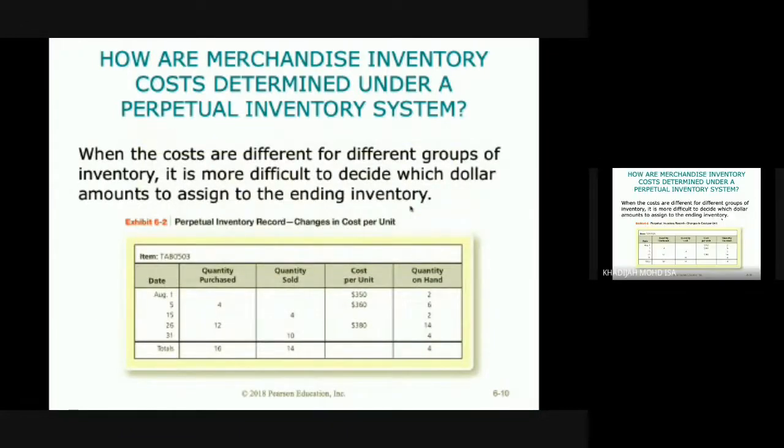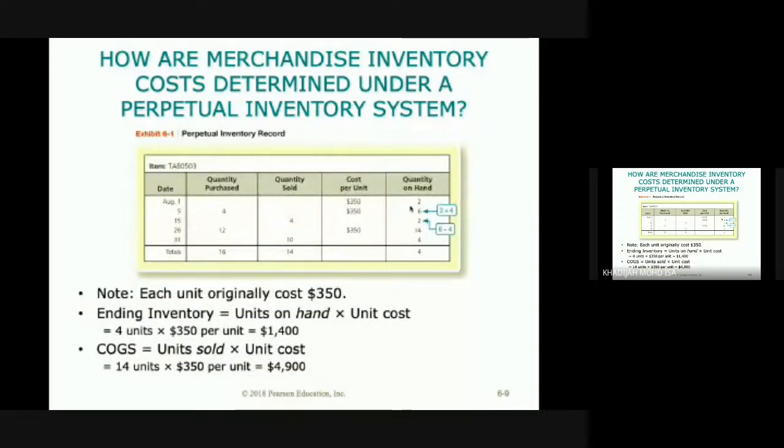And then how is merchandise inventory determined? So in this case, the cost per unit is very easy, 350 only, all right? But it's very unlikely that the cost of your goods remains the same over time, especially month to month, especially looking at the economic condition, the demand and supply.